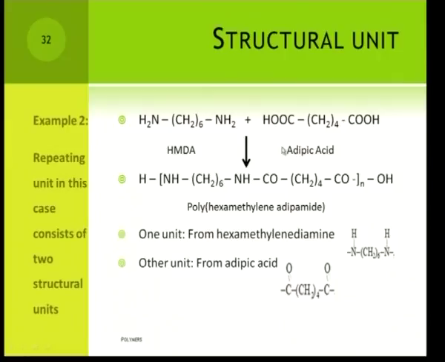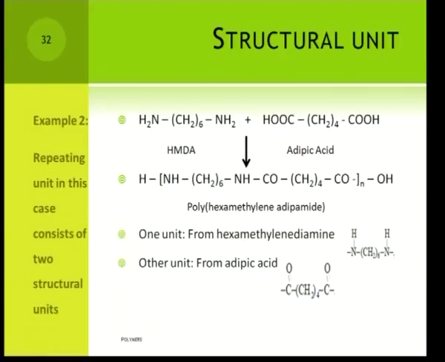There is one more monomeric unit in the formation of this polymer, and this second monomer is adipic acid, COOH (CH2)4 COOH. Once again, I have two carboxylic acid groups present on either side of this chain. Again, this is also a monomer because it has bifunctionality due to the presence of two acid groups.